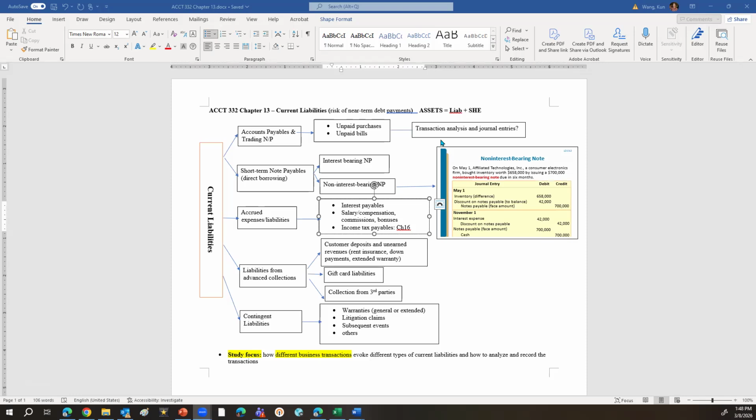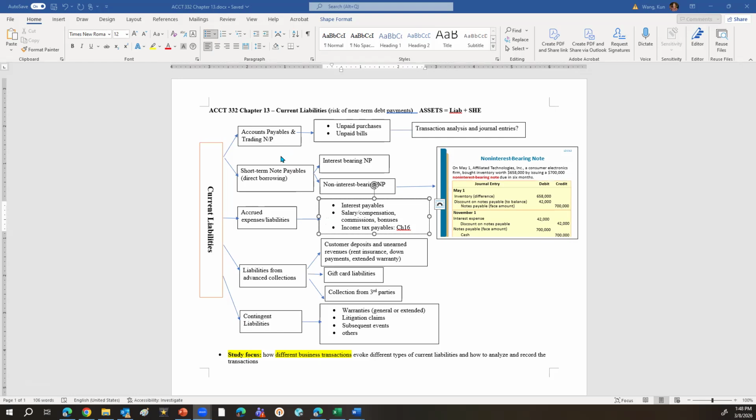So moving to current liabilities, based upon the categories separated in the book, I have a summary map. In this chapter, we focus on the different types of current liabilities.